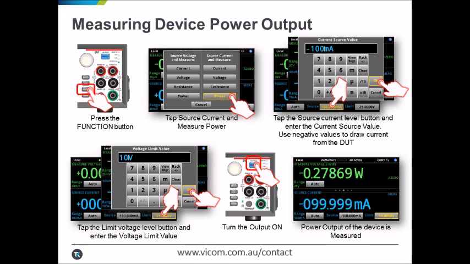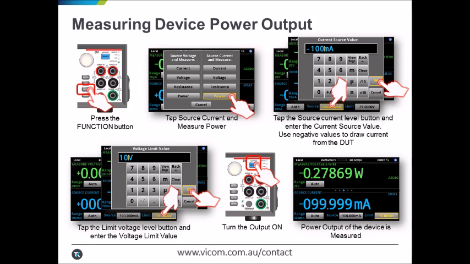First, press the function button on the front panel, then tap the source current and measure power button. Using a current source, you can set exactly how much current you want to draw from the device under test. Next, tap the Source Current Level button and enter the current level to draw from the device. Note that you need to set the current level to a negative value so the current will flow out of the device and into the SMU rather than the other way around.